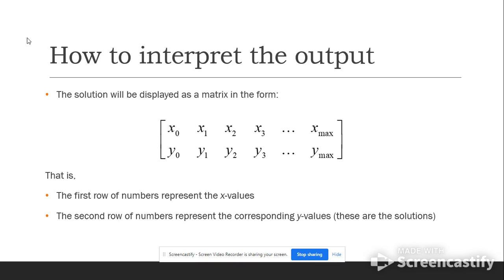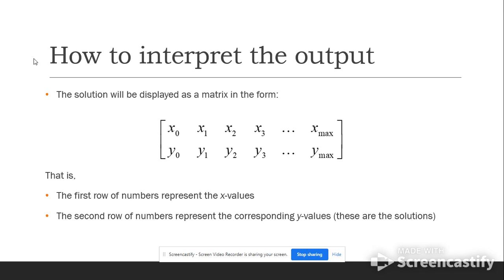So the output of this calculator will actually be a matrix, and it's important to know how to interpret the matrix that you get as the output. Basically, as you can see here, the first row of numbers in the matrix are the values for x, so x0, x1, x2, x3, all the way up to our x max, and the second row of numbers represent the corresponding y values, and they're the solutions that we're after.